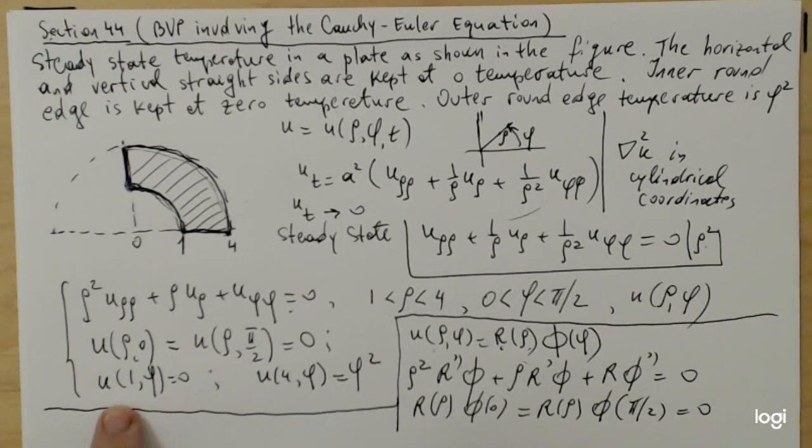And we have another homogeneous condition, big R of 1 big phi of little phi equals 0. And remember, we're looking for non-trivial solutions.